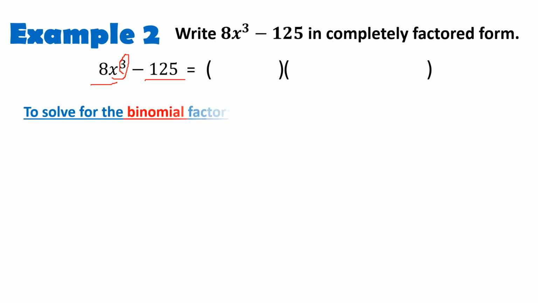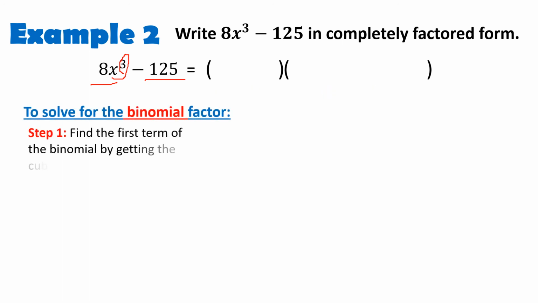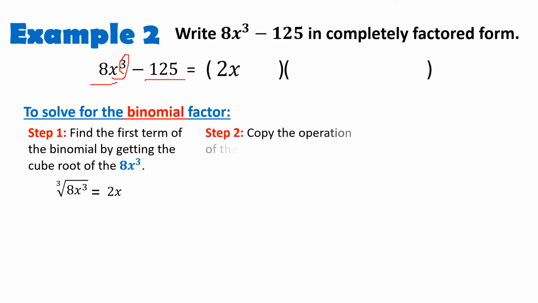Let's proceed. To solve for the binomial, step 1, find the first term of the binomial by getting the cube root of 8x cubed. The cube root of 8x cubed is equal to 2x. So you write down 2x. Step 2, copy the operation of the given two cubes, which is minus.